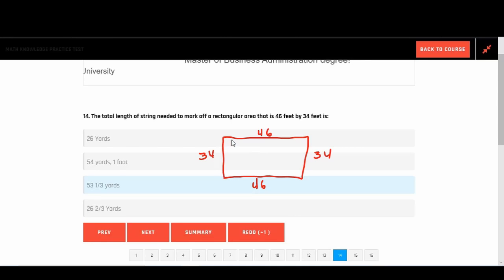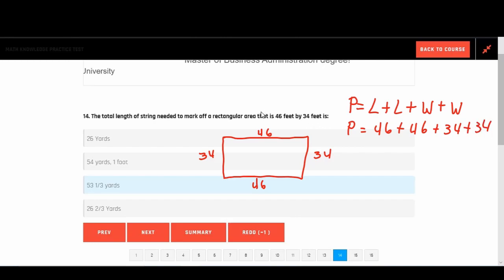And again, this string just runs outside the area. So in this case, we're going to be dealing with the perimeter of a rectangle, which is length plus width, which is 46 plus 46 plus 34 plus 34.